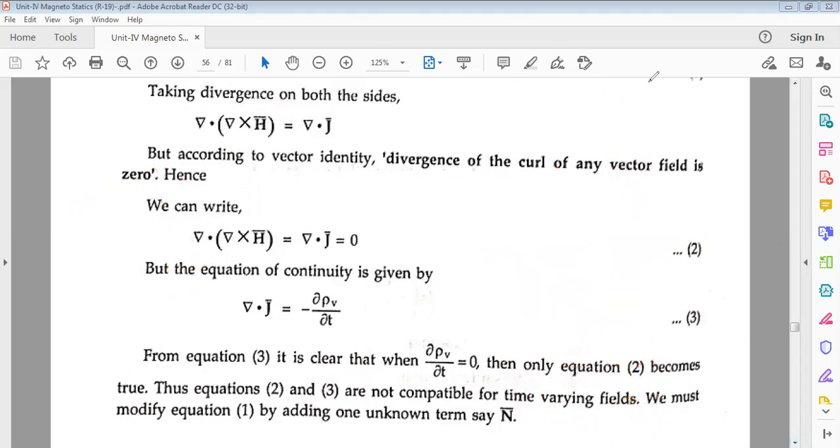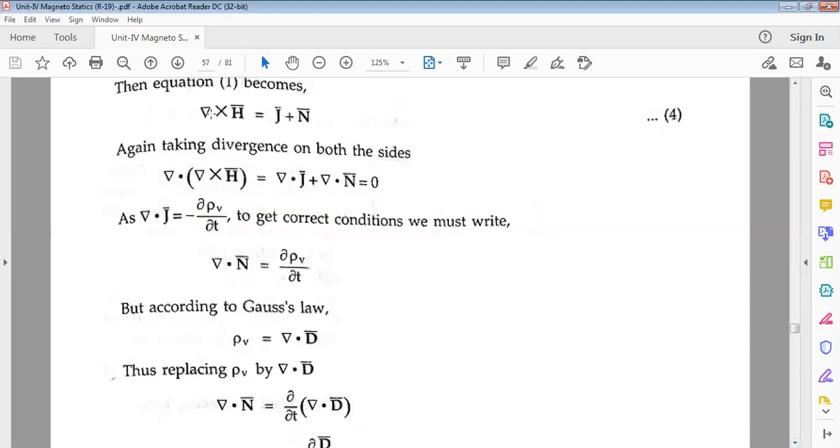Modified Ampere's circuital law, and deriving the expression, we can write del cross H bar is equal to J bar plus N bar. Again, here you can take del cross H bar is equal to J bar plus N bar. We are modifying the J bar and we can add the N, which is needed for time varying fields.